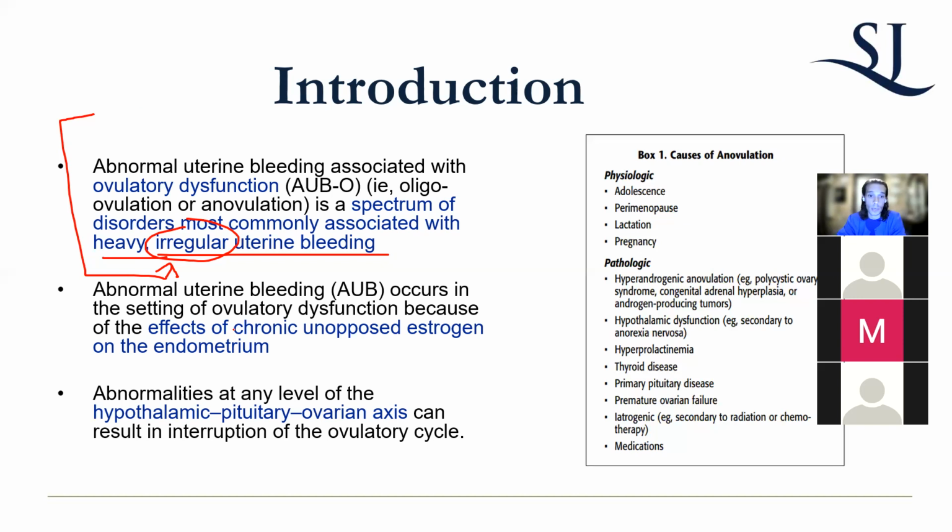And I already mentioned that the effects of unopposed estrogen on the endometrium is why you have abnormal bleeding in the setting of ovulatory dysfunction. This is like the most key concept I can tell you. Remember it. And then your hypothalamic pituitary ovarian axis is its modulator.